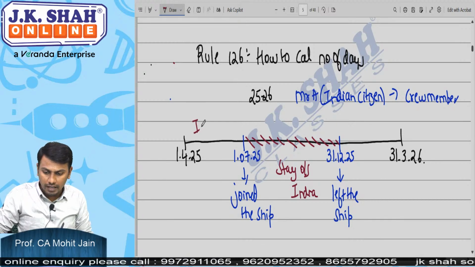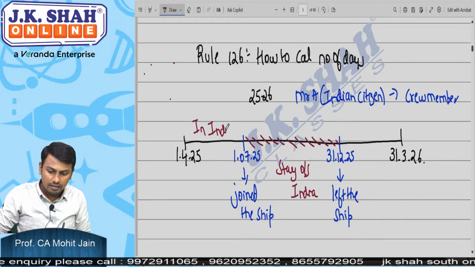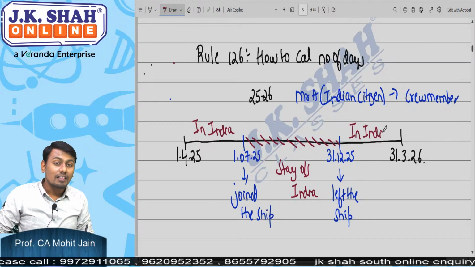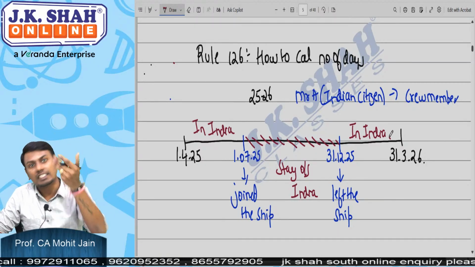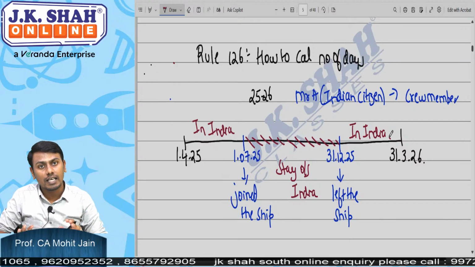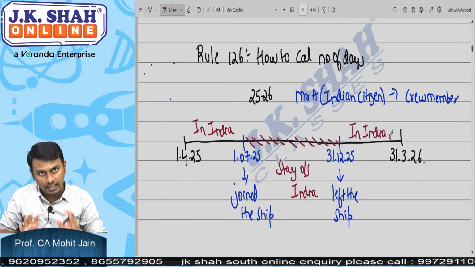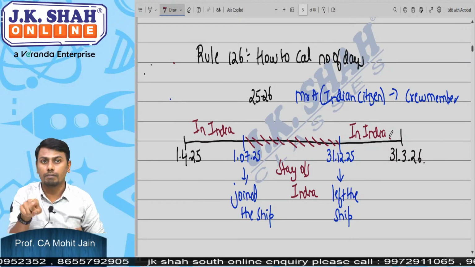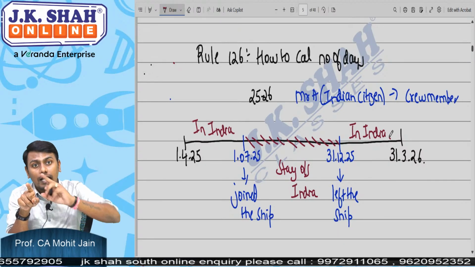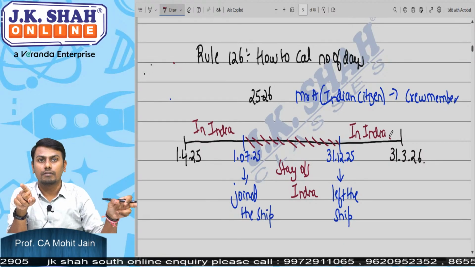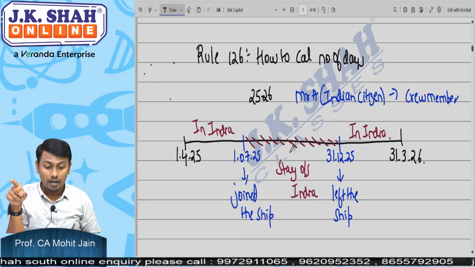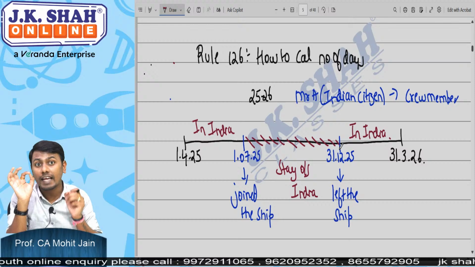And for the balance period, he was in India. That's what your Rule 126 is saying. Rule 126 says, the day you join the ship, till the date you leave the ship, that entire period, including from 1st July till 31st December. Ideally, what have we learned?